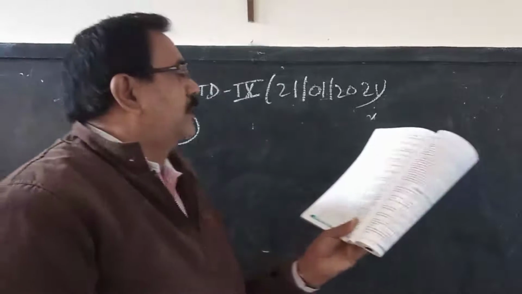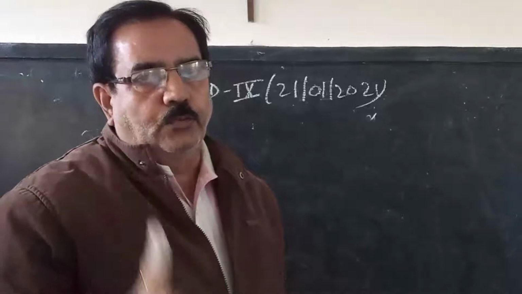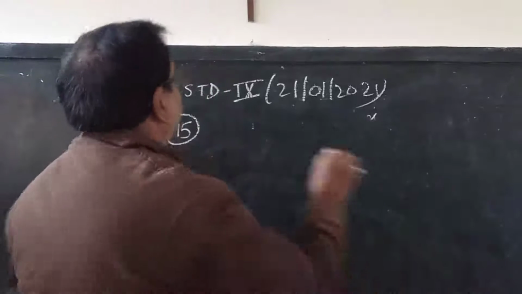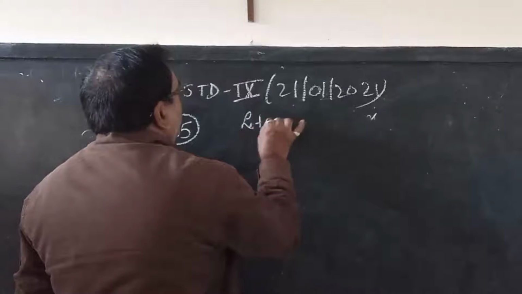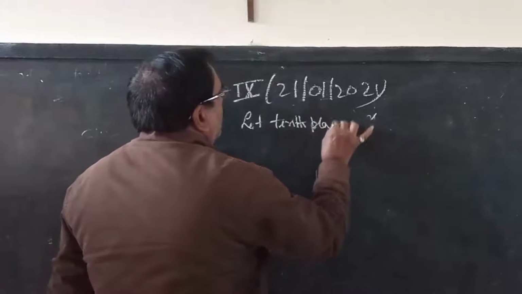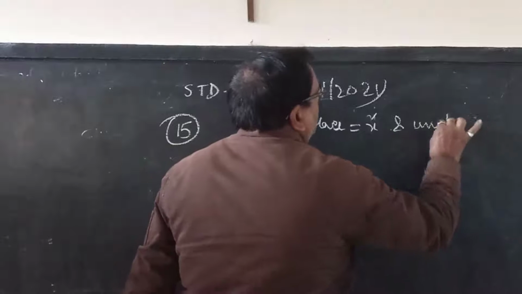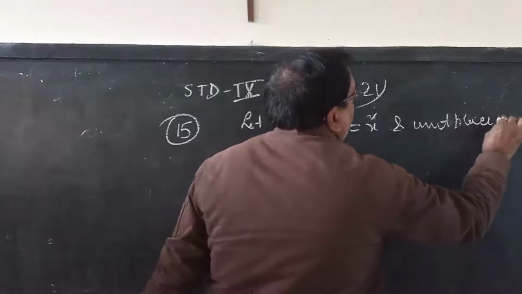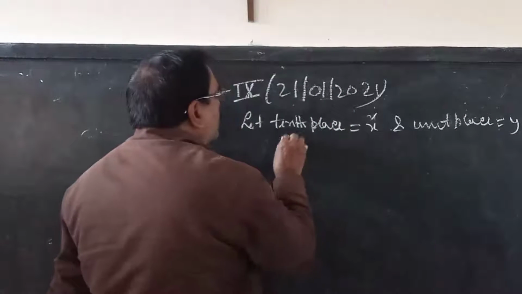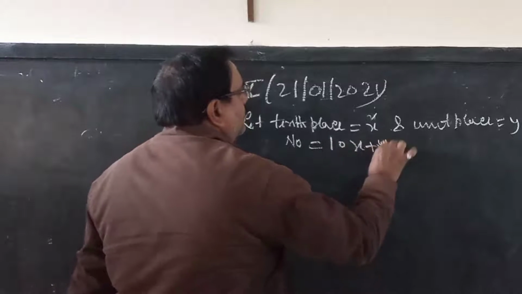When a two-digit number is divided by the sum of the digits, let the tenth place be x and the unit place y, then the number will be 10x plus y.